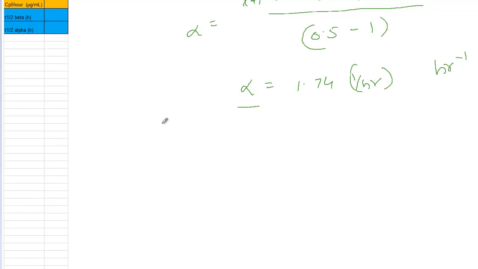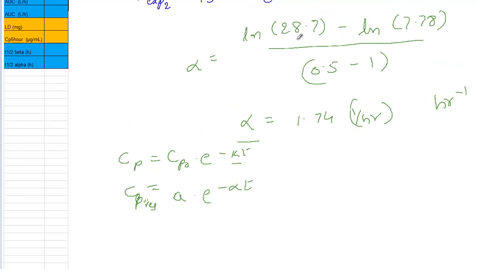Yes. Same equation. Cp is equal to Cp naught times e to the power of minus kt. But here it is Cp residual, and Cp naught we call A, times e to the power of minus, instead of k we will call it alpha times t. Let's do that. Cp residual, let's take the value of Cp residual 28.7.